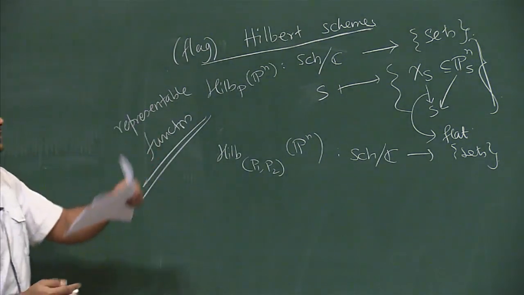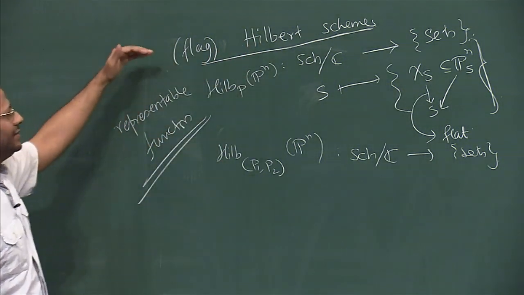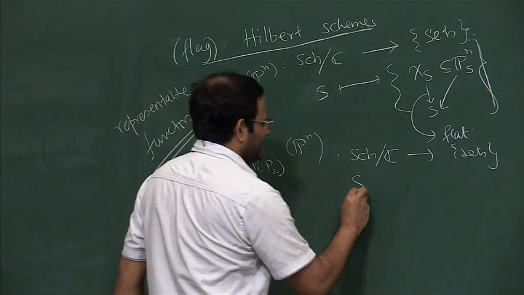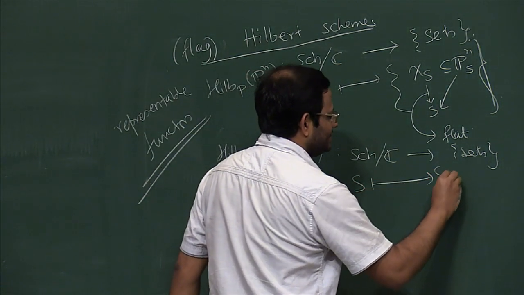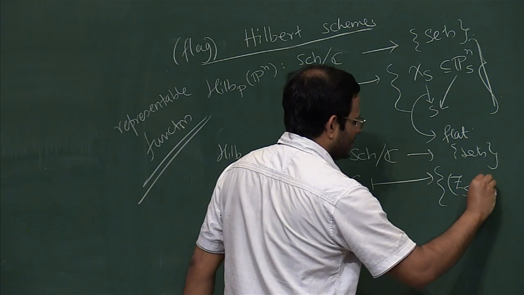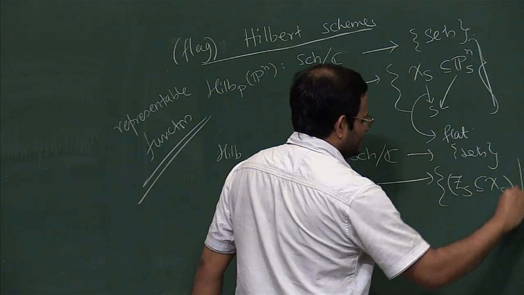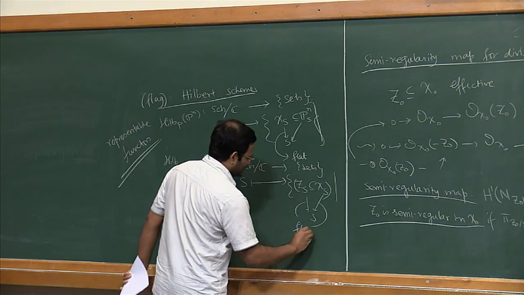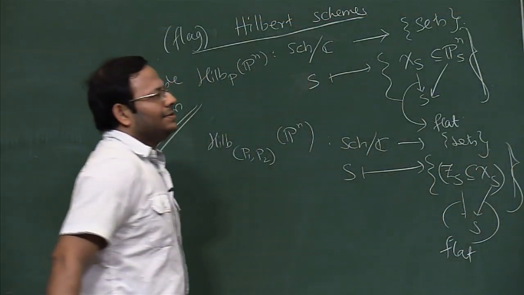So, they uniquely give you the Hilbert scheme or the flag Hilbert scheme, the universal object. Here you can take pairs. Similarly, these are all flat. Okay.